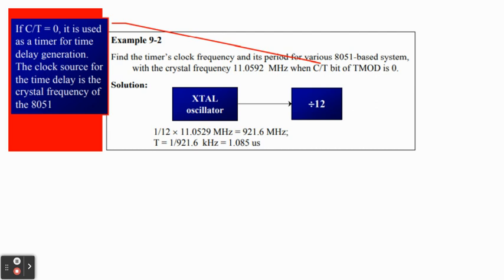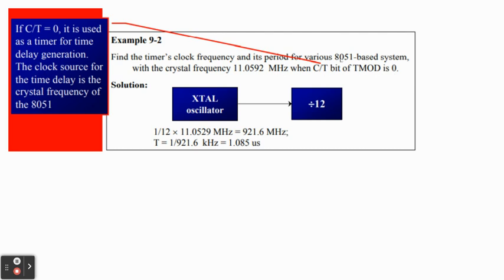Now, in this example, we will find the timer's clock frequency and its period for different kinds of 8051 based systems. The crystal frequency used here is 11.0592 megahertz when the C/T bit of TMOD is 0. Again, if the C/T bit of TMOD is equal to 0, then we want to use the timer as a timer, not as a counter.